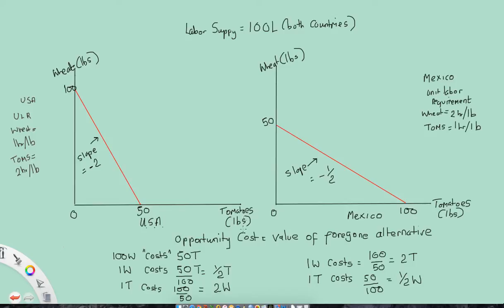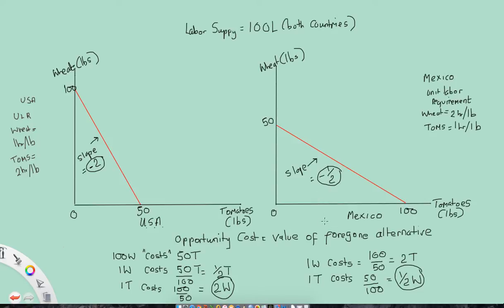But we have tomatoes here, and you can see that the opportunity cost of tomatoes in the US is 2 wheat, and that's the absolute value of the slope. And then the opportunity cost of tomatoes in Mexico is 0.5 pounds of wheat per pound of tomatoes, and that corresponds to the absolute value of the slope.